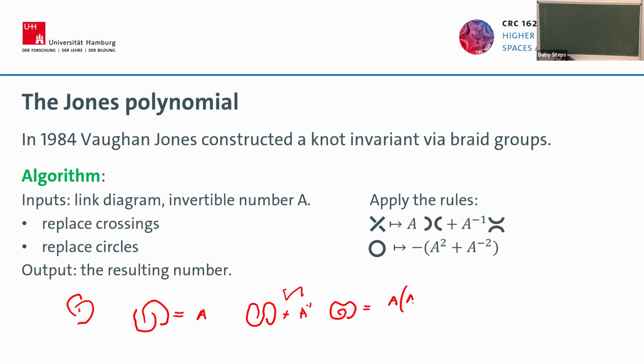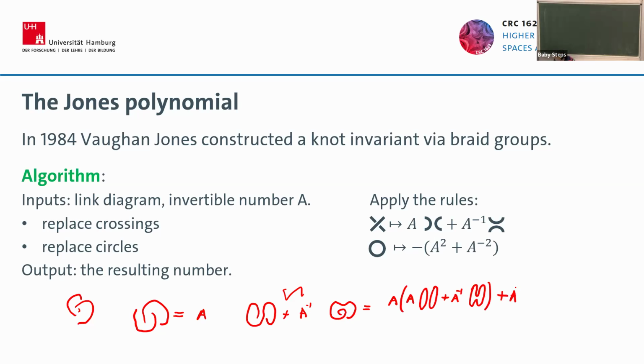I replace the remaining crossing by the picture where the strands run vertical. And then I also have to replace this by A inverse times the picture where the strands run horizontal. So then I'm done with the first picture.